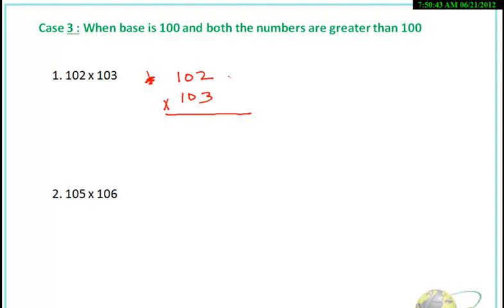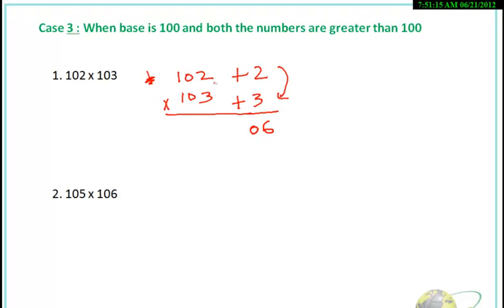In this case, since the numbers are greater than 100, we'll be finding out the difference in positive. So 102 is plus 2 from 100 and 103 is plus 3 from 100. The remaining things will be the same. So with this multiplication 2 into 3, we have to fill up 2 digits as the base is 100 and there are 2 zeros in the 100. So 2 into 3 is 6, but we have to fill up 2 digits, so we'll write 06.